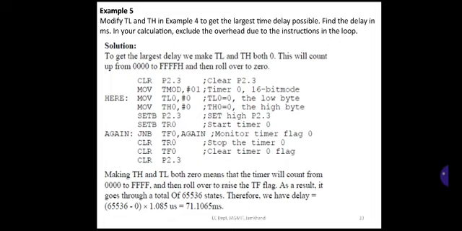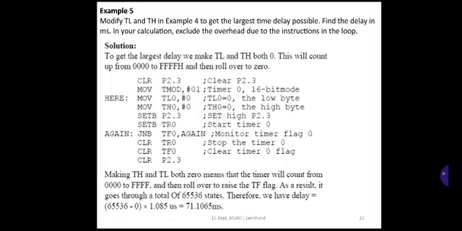This will count up from 0000 to FFFF, then it rolls over. The program is the same. The only thing is that you are loading TL0 and TH0 with the value 00. There is no change in the program, only the count value in TL0 and TH0 is 0 here.